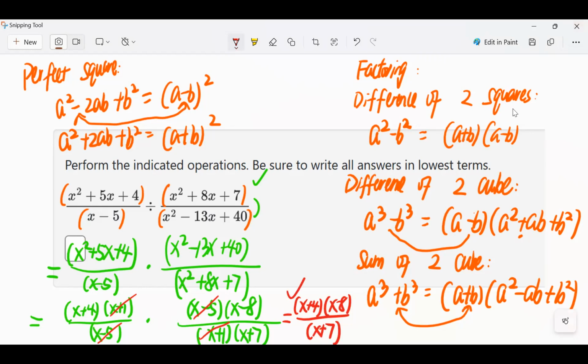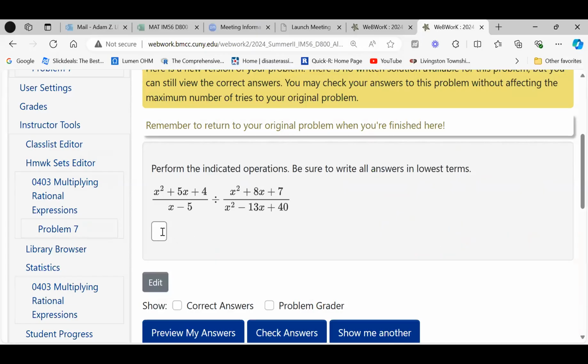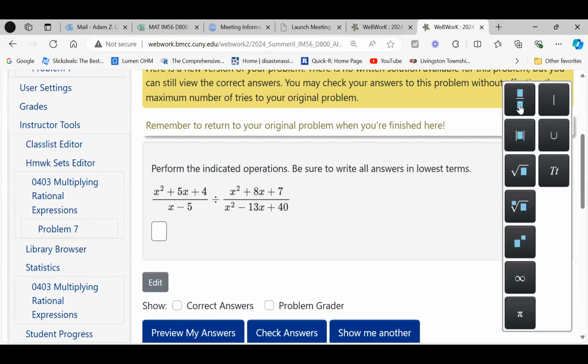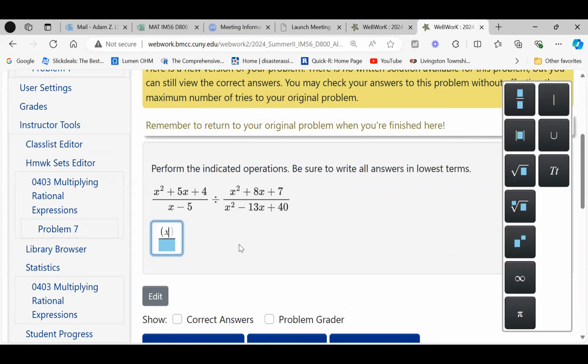Any question about this? No. Very good. x plus 4. So let's first of all get a fraction. x plus 4, x minus 8 goes on top.